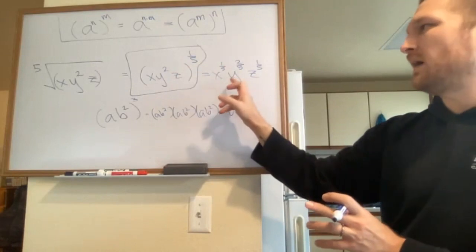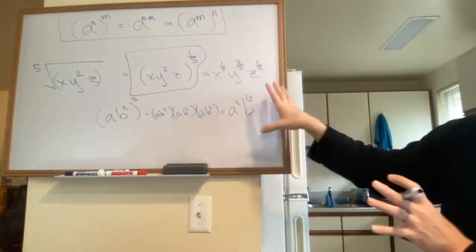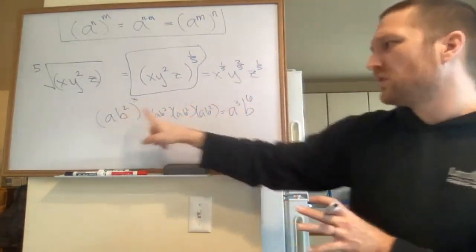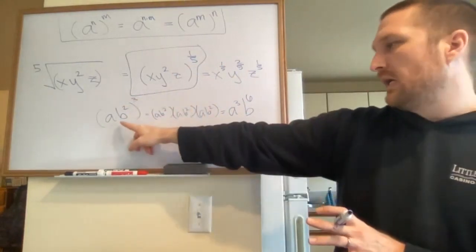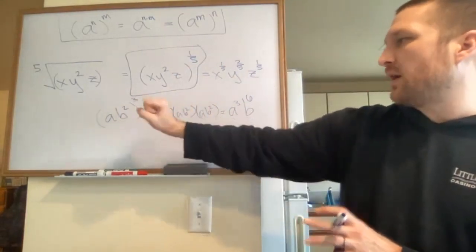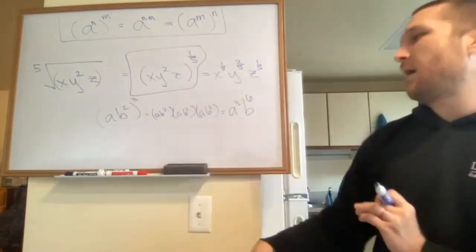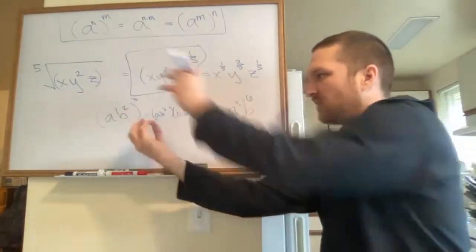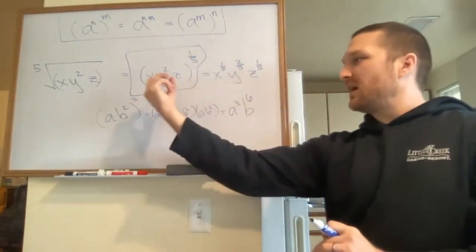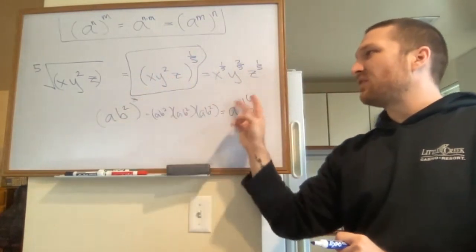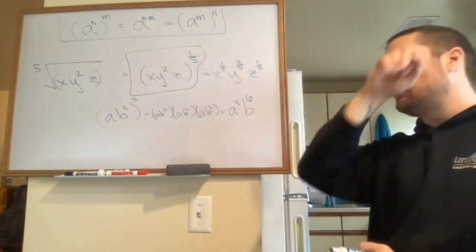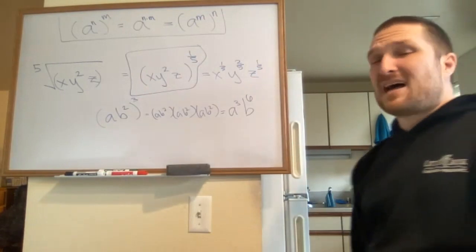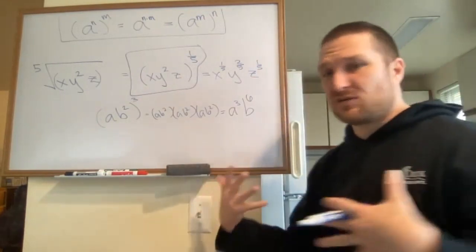Your homework's not going to demand that you go this far, but just so you know, the same rules apply. That if you take AB squared, raise that to the third power, it's the same thing as taking A to the third and then B squared. So you multiply those guys together. The same reasoning applies here. It has to, otherwise we've just changed the rules for math.